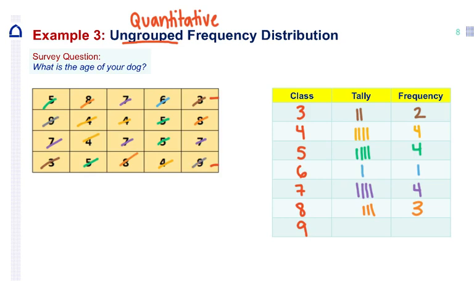Now, it's very easy to miss things, so it's a good idea always to add up your frequency and make sure that the sum of the frequency is the correct number. When you add all this up, 10, 15, 20. Correct. In the raw data, we had 20 pieces of raw data.